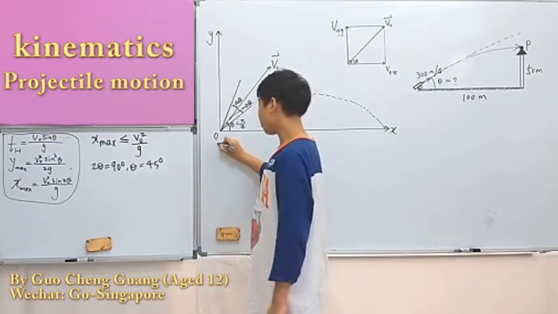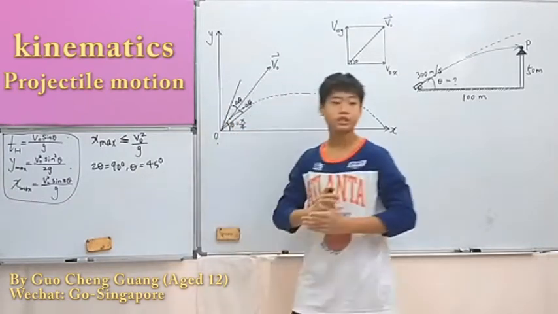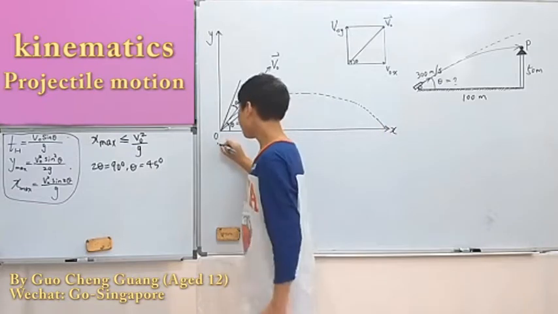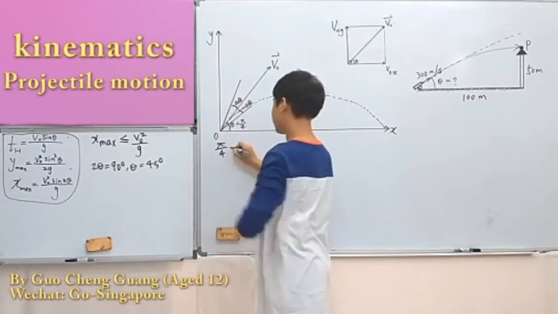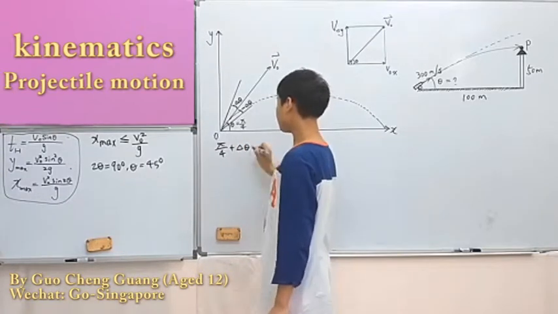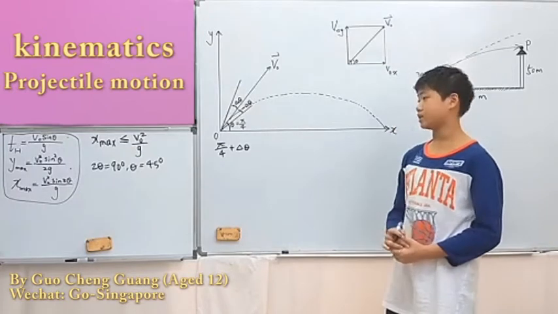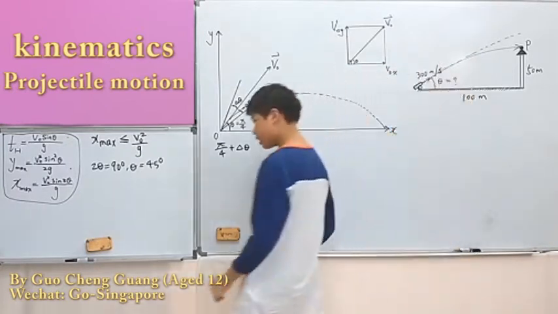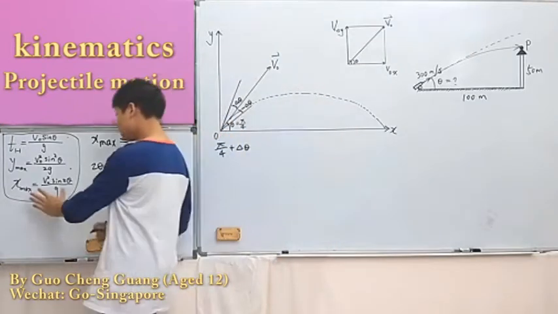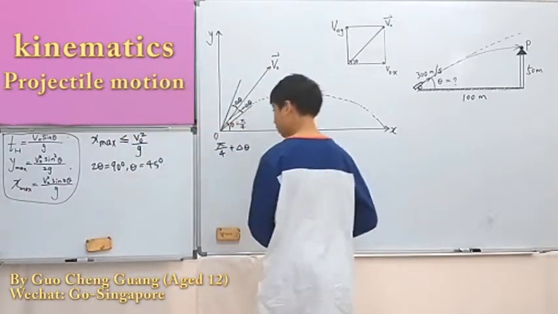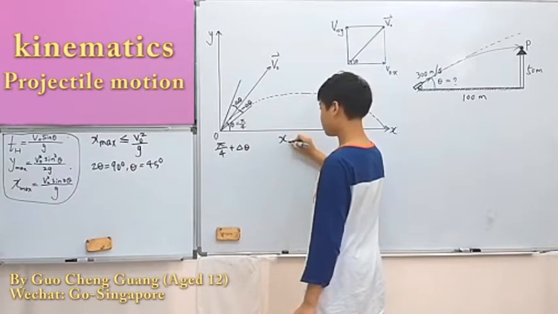The angle we are using is 45 degrees, so in radians that is pi over 4, and then you add delta theta. This will be the angle you have now, and you want to find x for that.